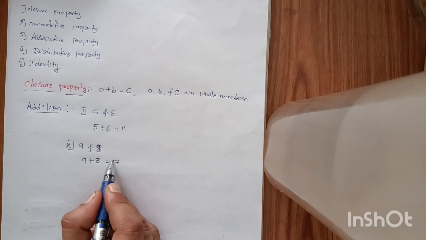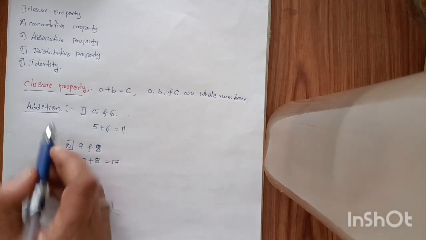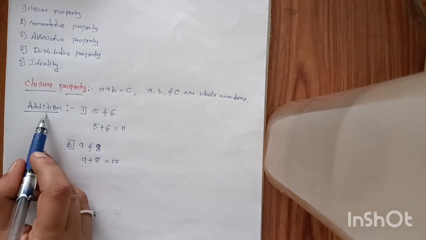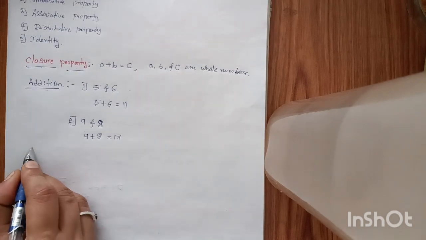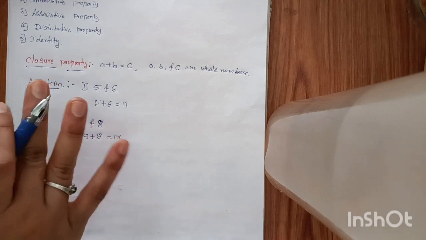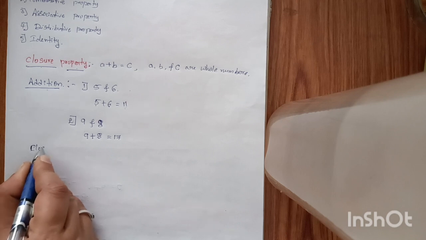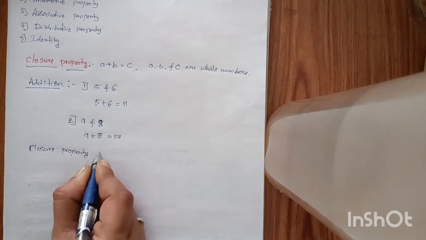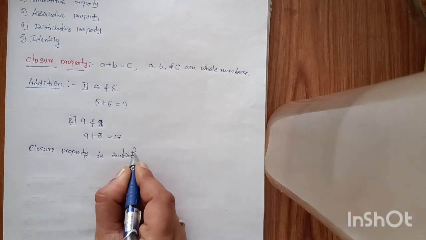So closure property is satisfied under addition in whole numbers. Conclusion: closure property is satisfied under addition.